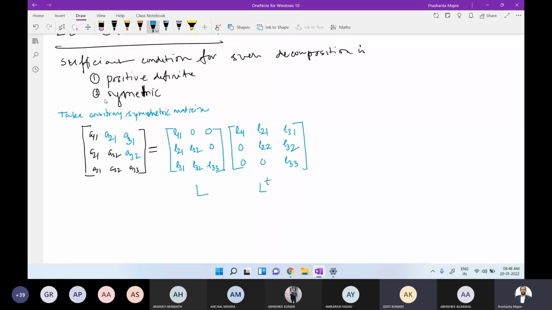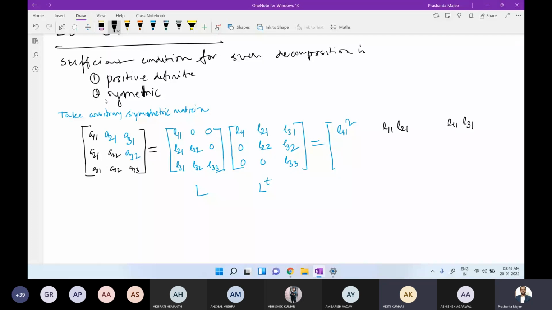So you complete the multiplication. That will be L11 square. Next will be L11 L21, then L11 L31. Next, second row into first column, second row into second column, second row into third column.